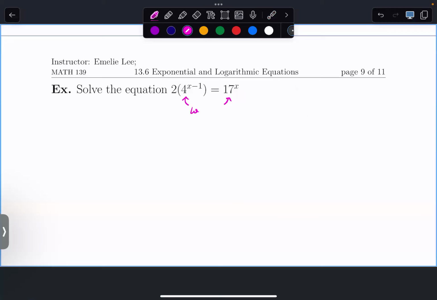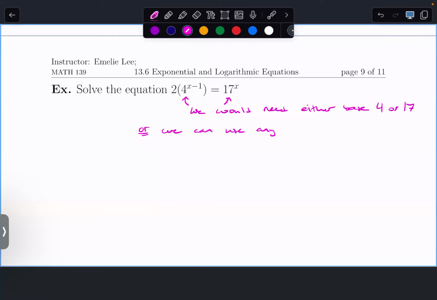here we would need either base 4 or 17, or we can use any log.